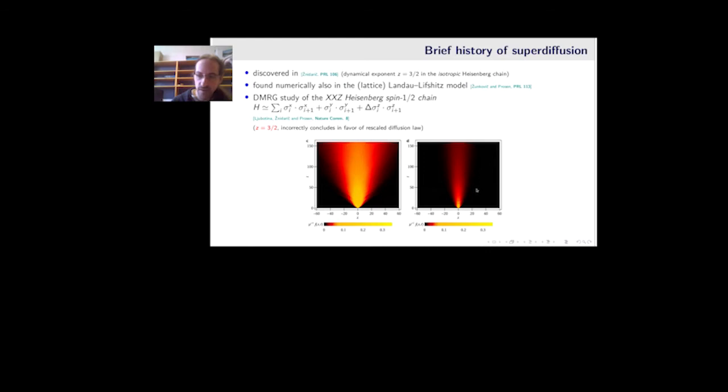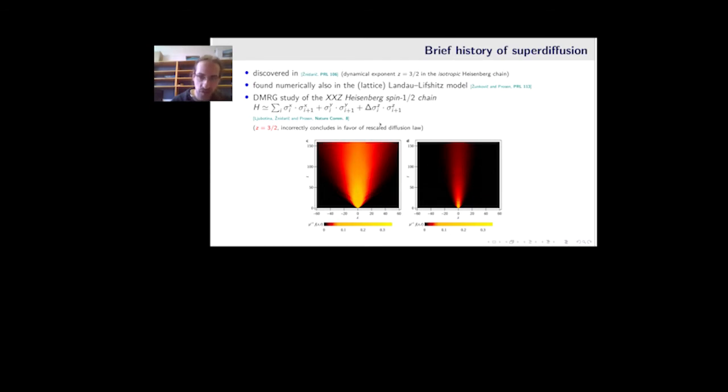So something will happen in this, let's say, light cone region or this interface region, and then you want to see how the current builds up in this region. On the right plot, where there is anisotropy, you can find that the characteristic x as a function of t will be x proportional to square root of t, which is what normal diffusion gives you.